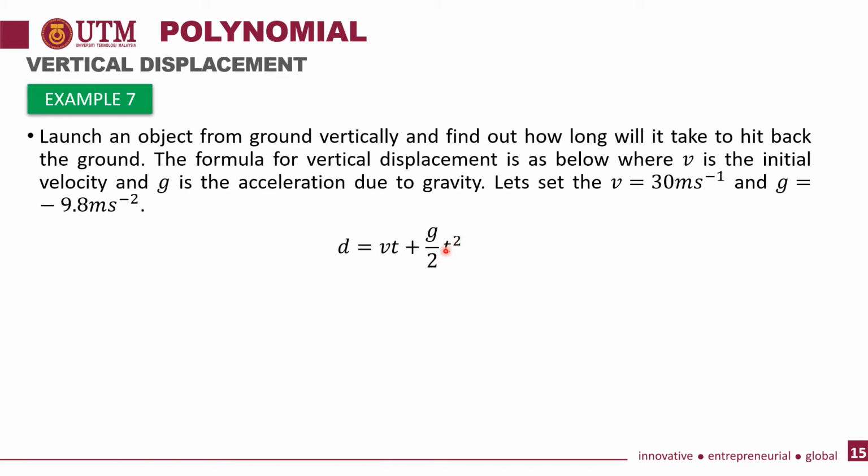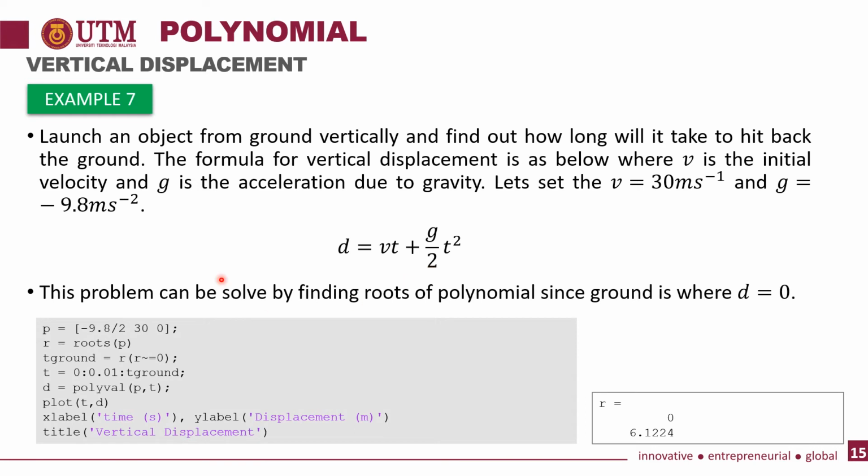So t is actually your term, and v and g over 2 are your coefficients. All right, okay, so this problem can be solved by finding the roots of the polynomial, since the ground is where d equals 0. Finding roots works because d equals 0 represents when the object reaches the ground.